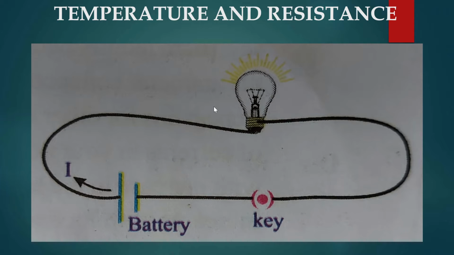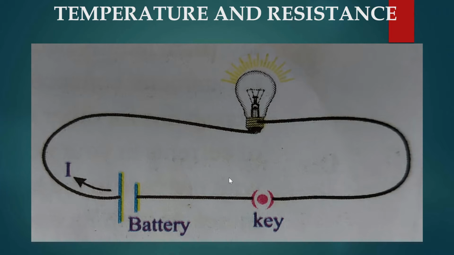Now after measuring the resistance of the bulb using a multimeter, we are going to connect it in the circuit. Switch on the circuit. After a few minutes, measure the resistance of the bulb again using a multimeter.